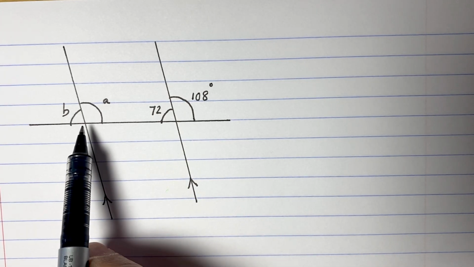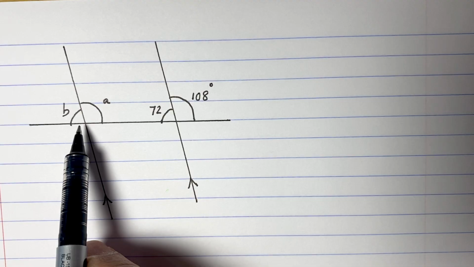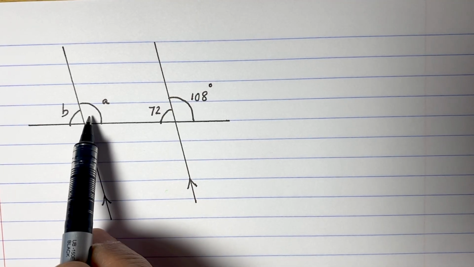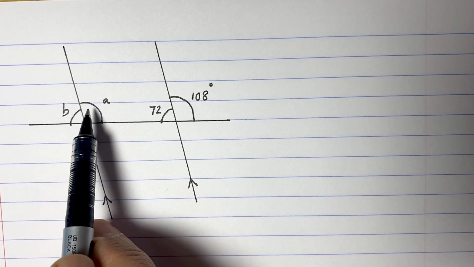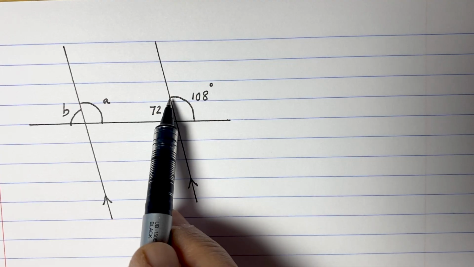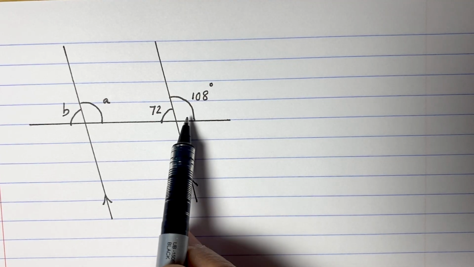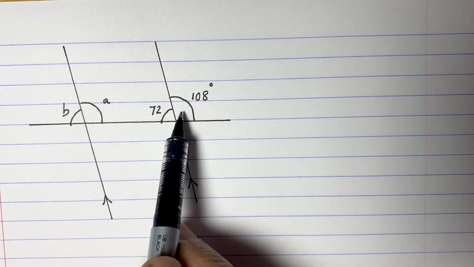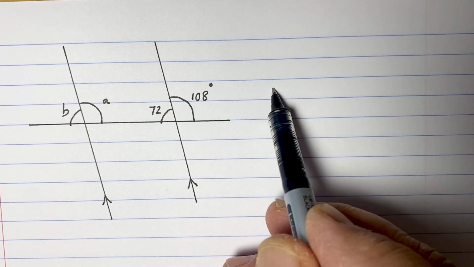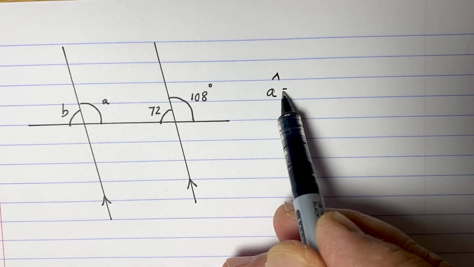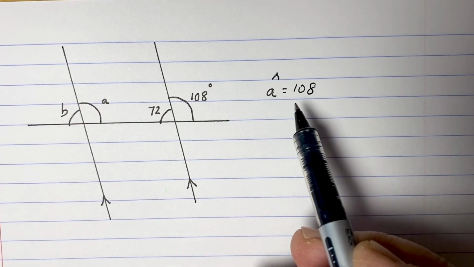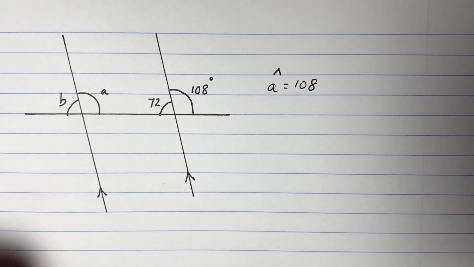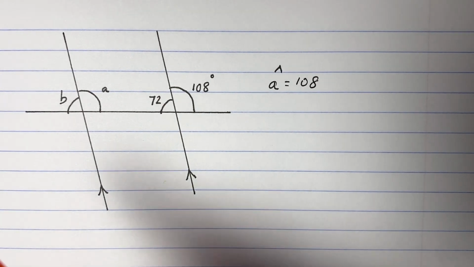Now, question is, how much is angle A? Angle A is a large angle. Angle 108 is the large angle. So A and 108 are the same. So I write A equals 108.